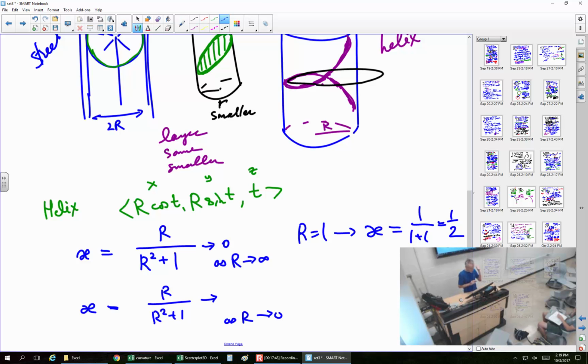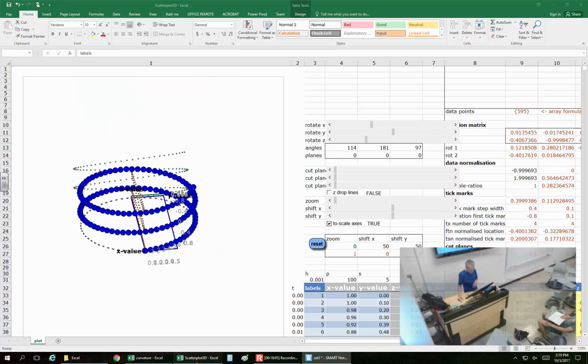So as r goes to infinity the curvature goes to 0, and as r goes to 0, it also goes to 0. That's kind of surprising. I can see how it is getting wider, so you can imagine how this thing becomes wider and wider with the same height, the same degree of ascent. It becomes flatter and flatter.